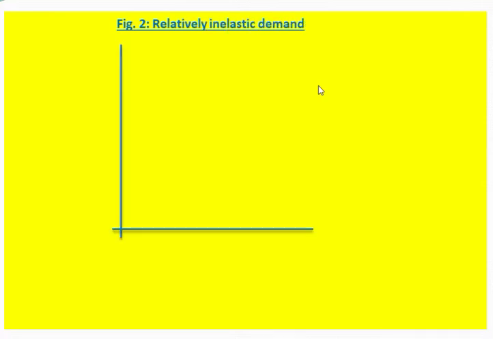Now we draw the demand curve. Figure: relatively inelastic demand. Y-axis, x-axis, origin. That is the demand curve, which is steeper. Quantity demanded is measured on the x-axis, price is measured on the y-axis.